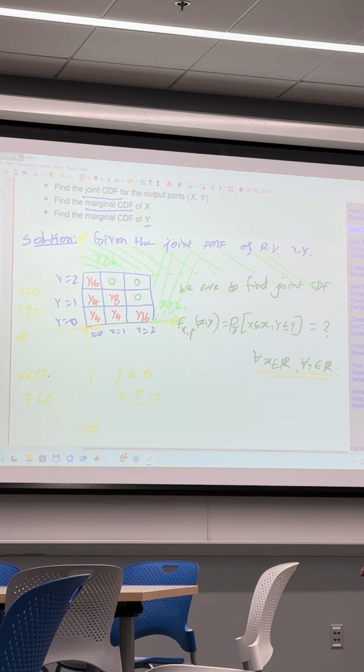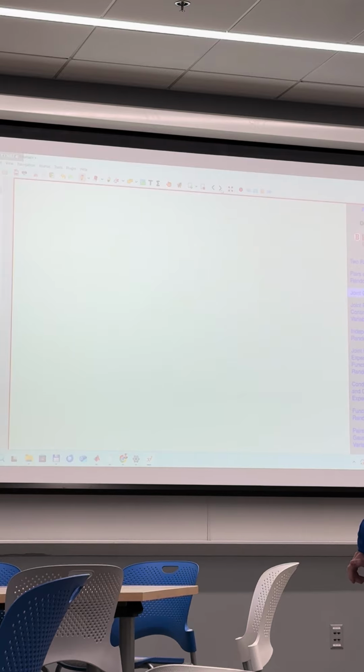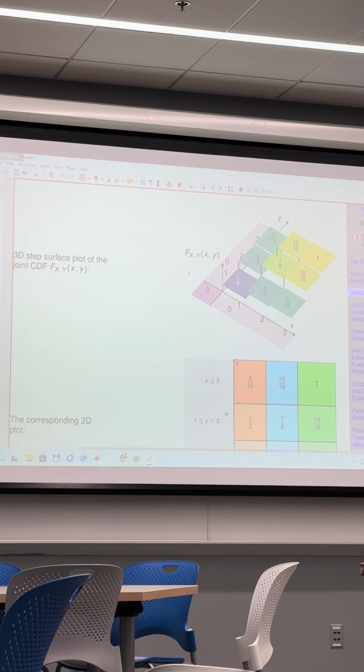No. And the number of packets arrived in output port 2 negative? No. So this is going to be 0. The plane starts from flat. That's why this region is 0. Do you see that? This plane is 0.